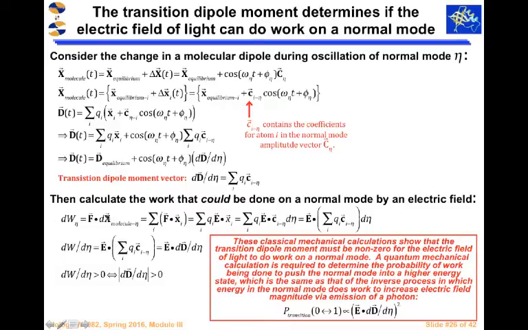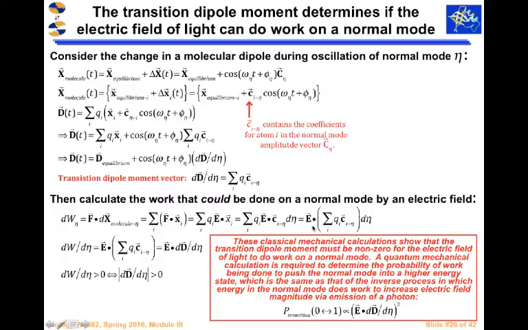It would be the force times the distance over which it's applied. For an electric field, the force on a charge in an electric field is just Qi times the electric field vector. And then in the normal mode, the atoms all move along a particular coordinate. They move along a set of coordinates described by the normal mode vector and the normal mode amplitudes.